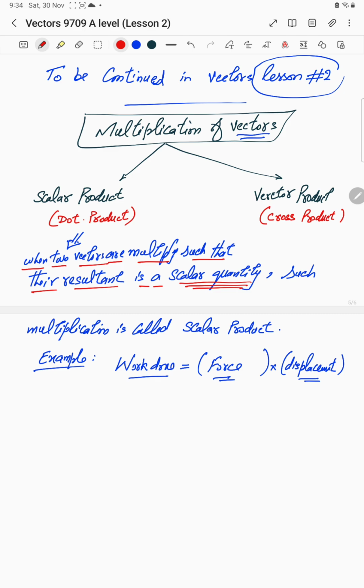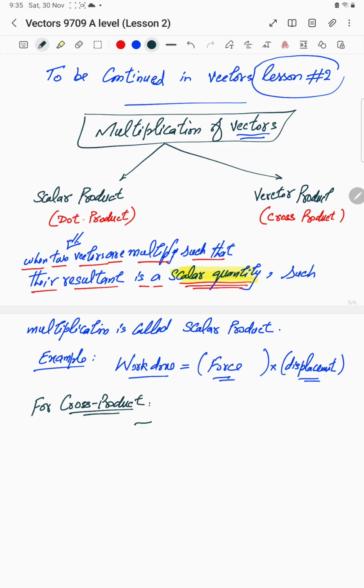Such multiplication is called vector product or cross product. I will give you the example over here for cross product, that means vector product.